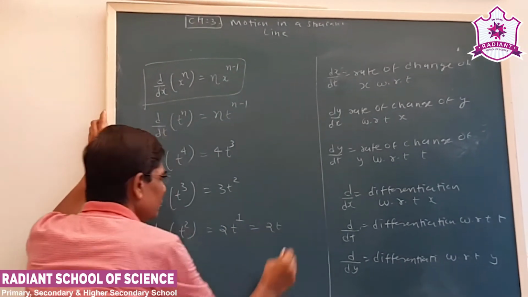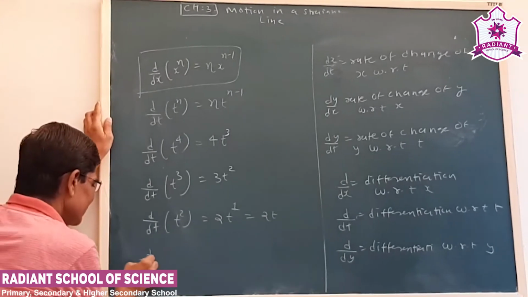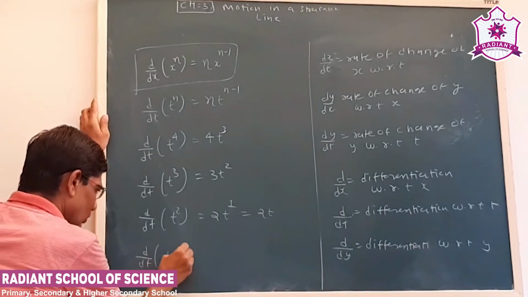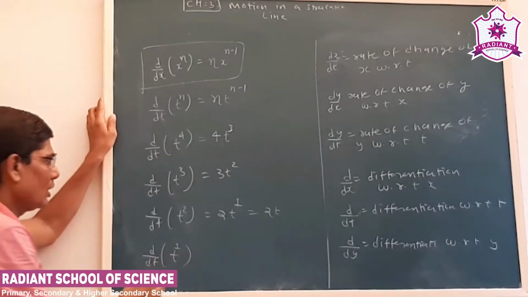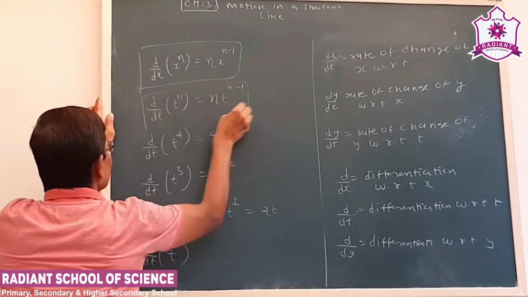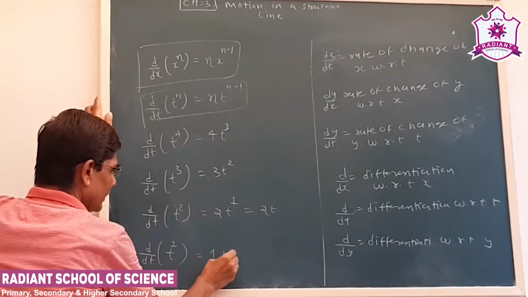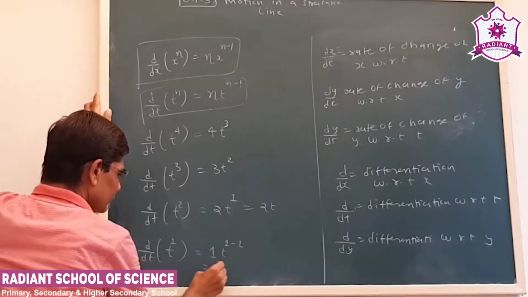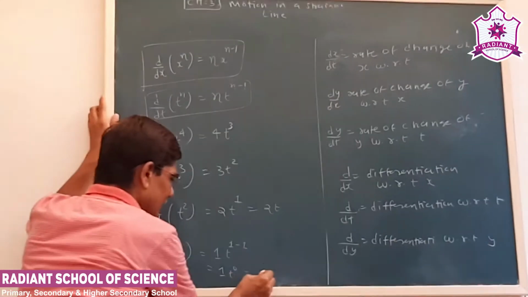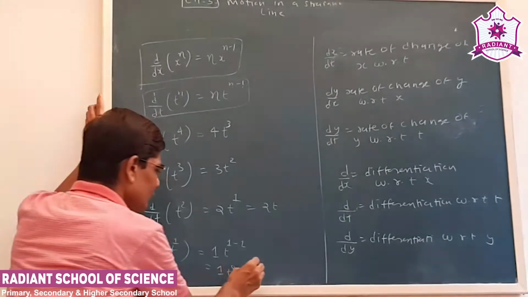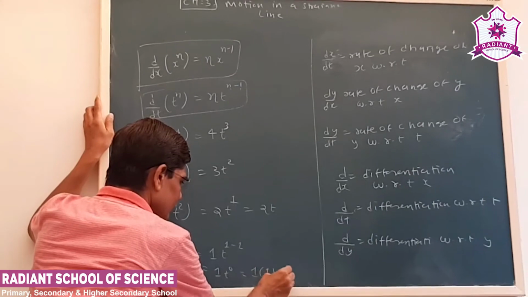Okay. Now, if it is differentiation of t only, the power of t here is 1. So how can we use this formula here? That is n is 1, t raised to 1 minus 1. Now we have studied in mathematics that anything raised to power 0 is 1. So it is 1 into 1.